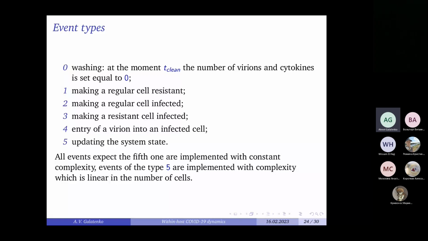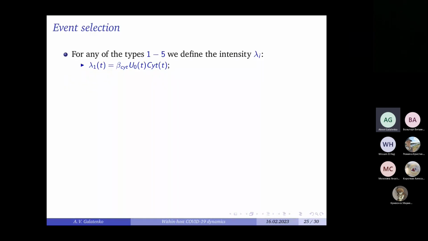All right. Now we need to select the time and the type of the next event. Event of type 0 is fixed. It occurs at time t clean. And for types 1 through 5, we compute the intensities. In the first case, making the cell immune, you see the term here corresponds to the term in the system of equations.